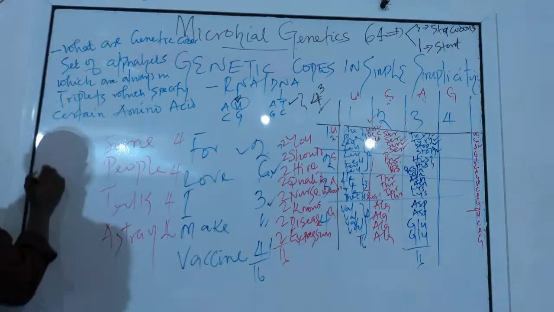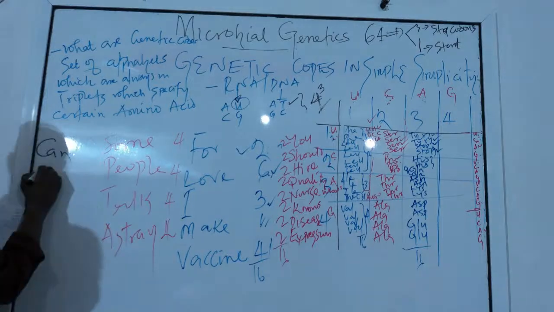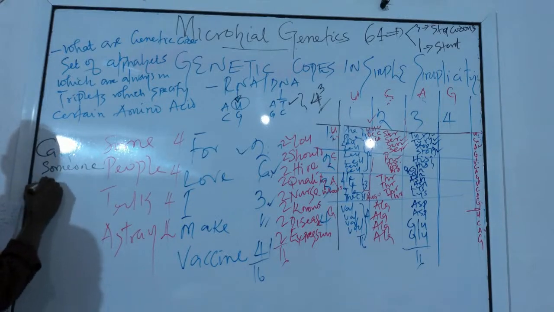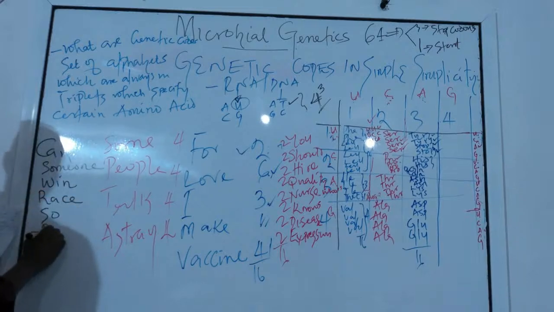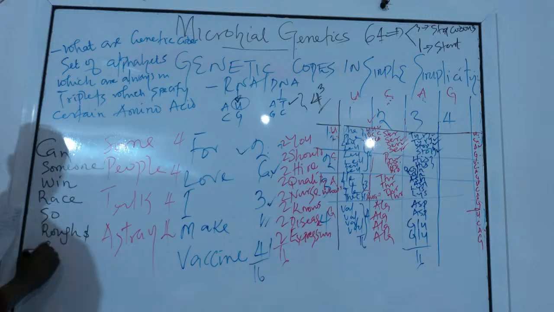Now the last column will come with a combination of these words: can someone win race so rough and good?